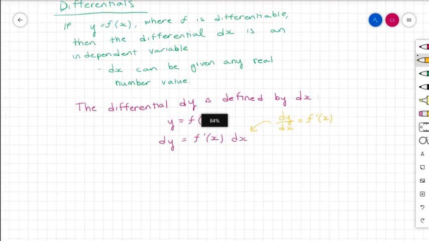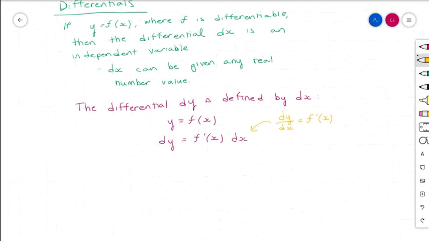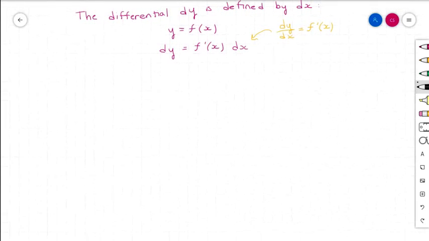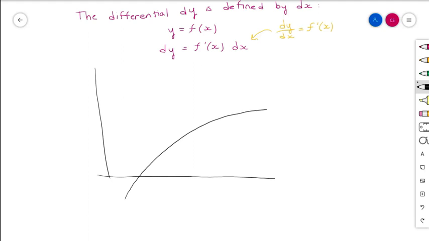Okay, so let's look at this all visually. So I'm going to bring in a graph, like we do. And let's have our curve f, and we'll bring in our tangent line at this point.